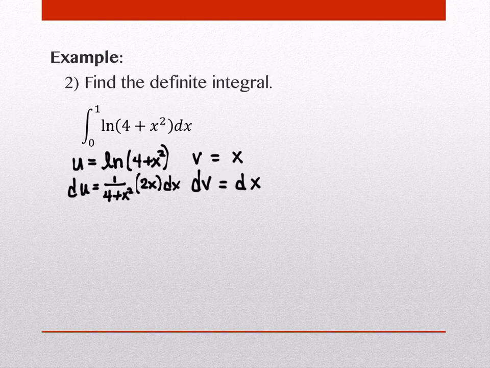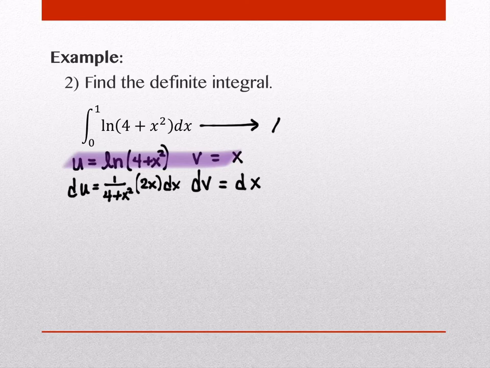Okie dokie. I'm ignoring the 0 and the 1 for now. You can write them down if you want to. We're going to plug them in at the end, so I don't care if they're in the process throughout, because this is kind of a messy process with integration by parts anyway. So we need to do u times v, the part across the top.